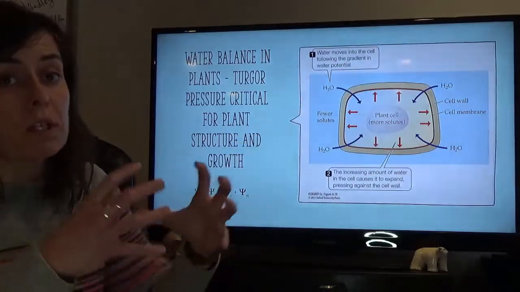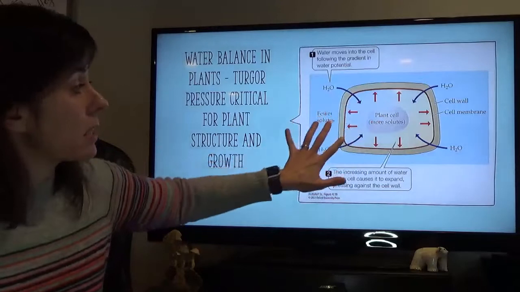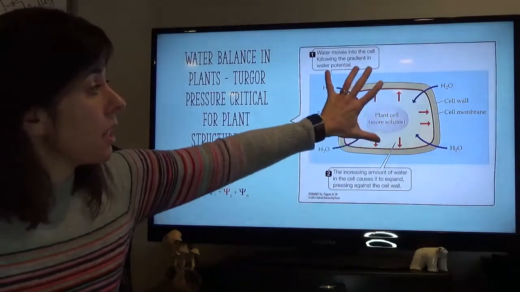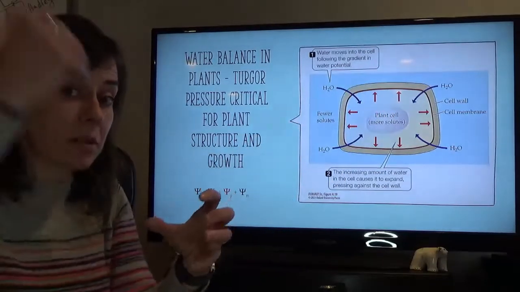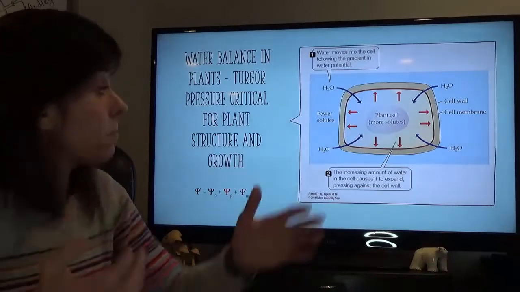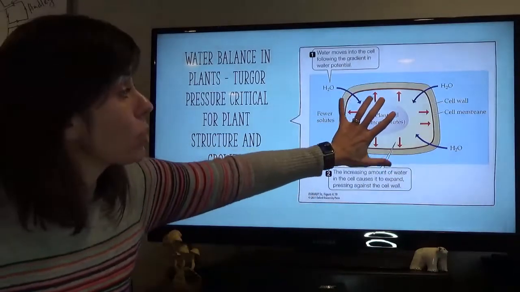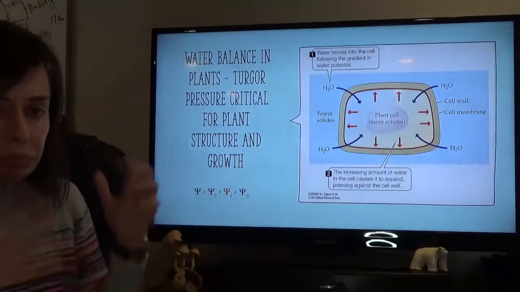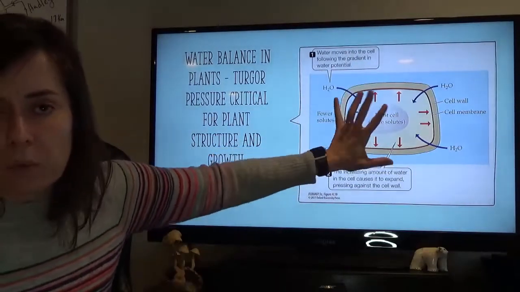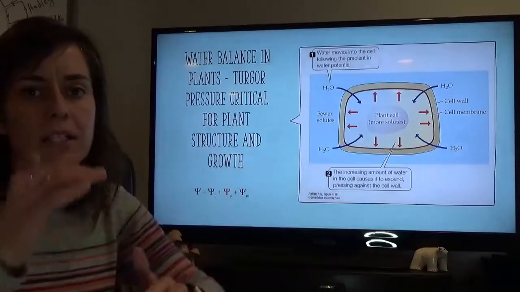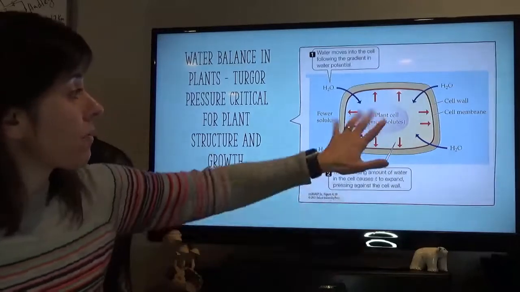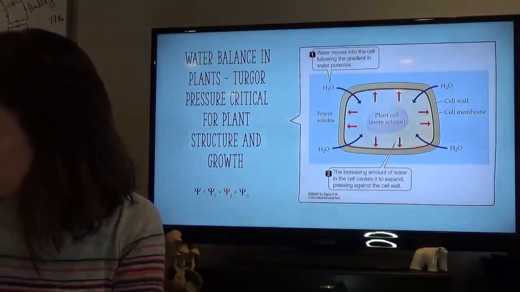When the cell reaches sufficient turgor, that will balance this difference between the greater solutes inside versus outside. That's a negative value, and the positive value of that turgor pressure is imposed by water entering the cell and pushing the cell against the cell wall. So that's a really important thing. These water potential gradients and the balance between pressure and osmotic potential are important for thinking about how plants function.